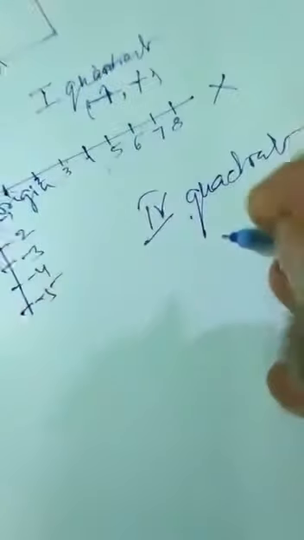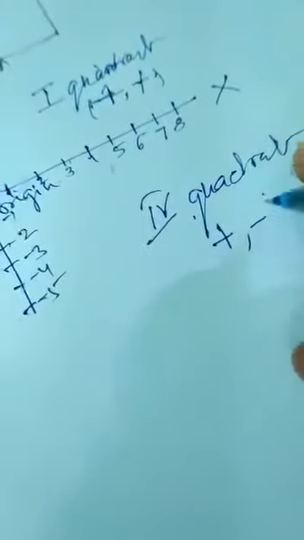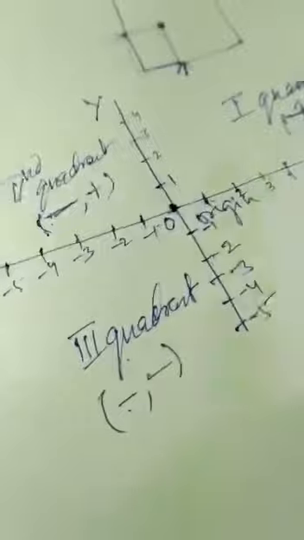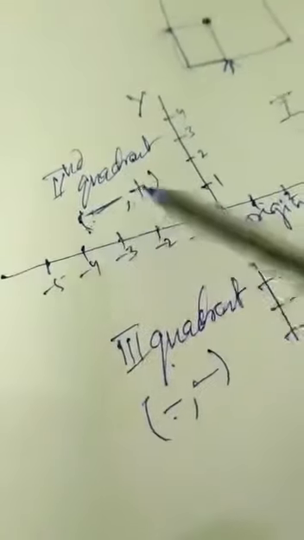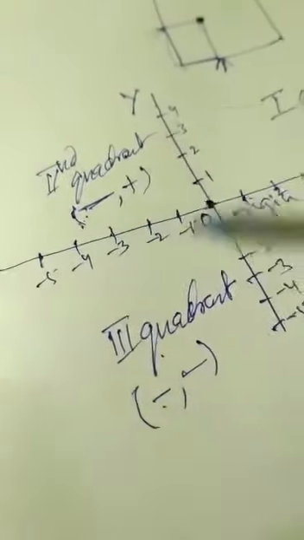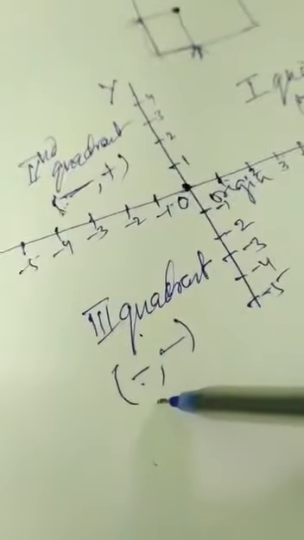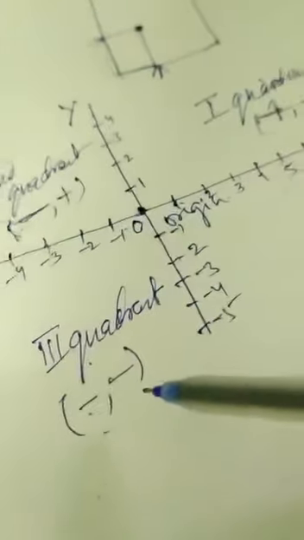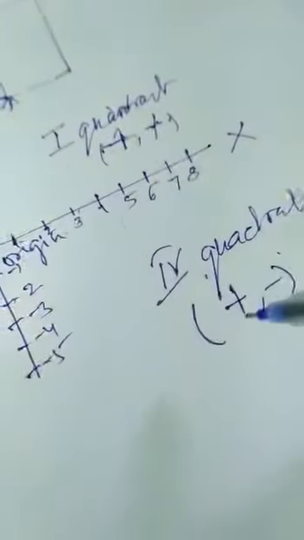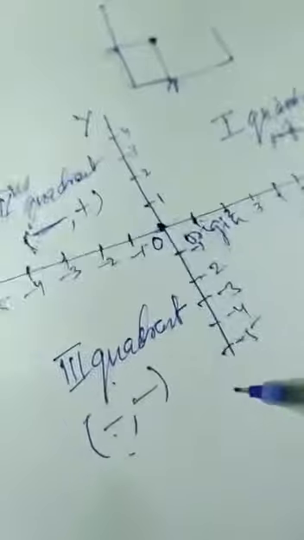So in the first quadrant, any point will be positive, positive. In the second quadrant, x negative, y positive. In the third quadrant, x negative, y negative. In the fourth, x positive, y negative.